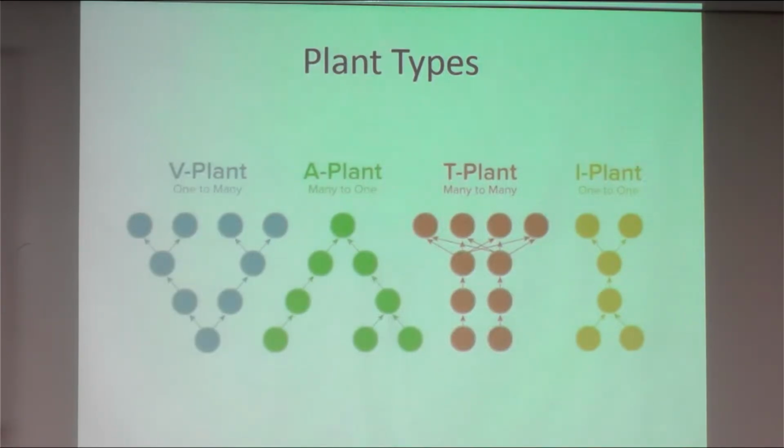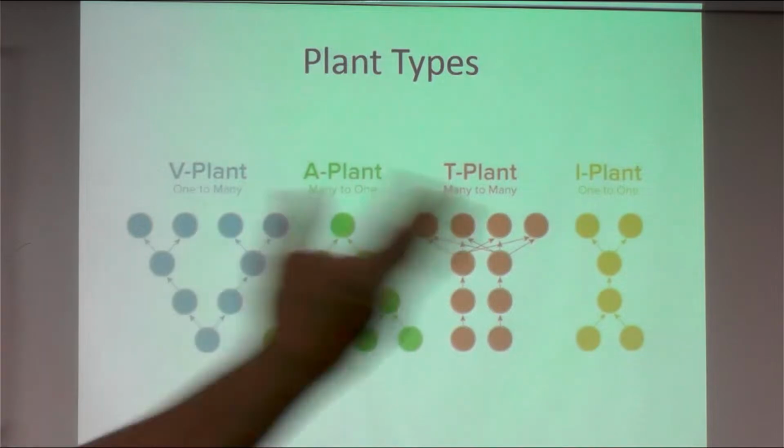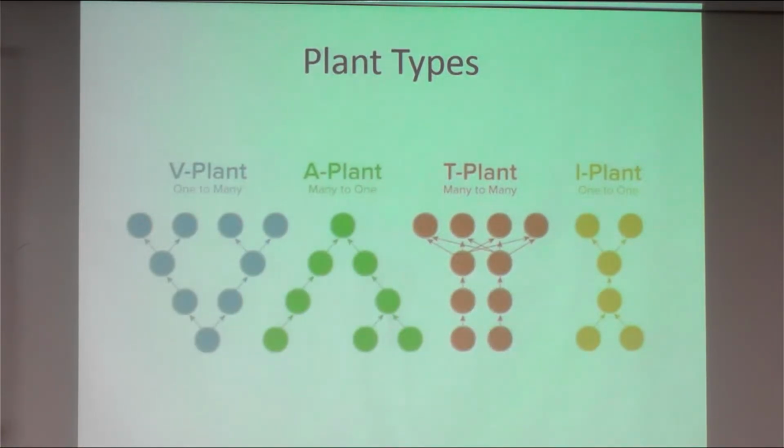So the thing that I want is being robbed by him. So this is where robbery or stealing occurs. A-type plant: different types of raw materials give one type of product. Or many to many types of raw material give many products. So this is known as one to many, this is many to one, this is many to many, this is one to one.